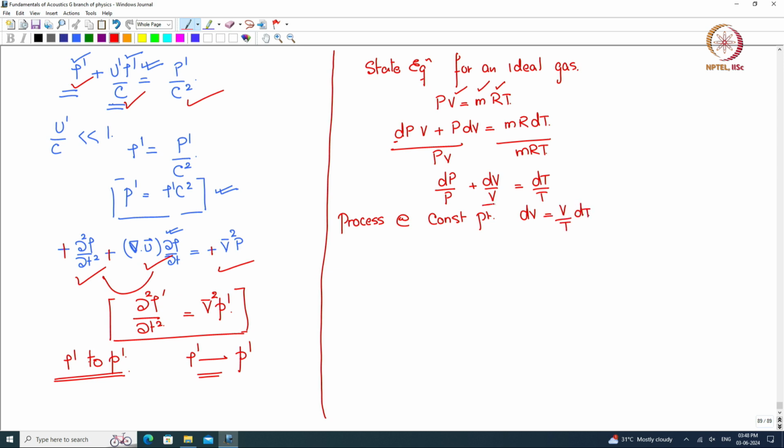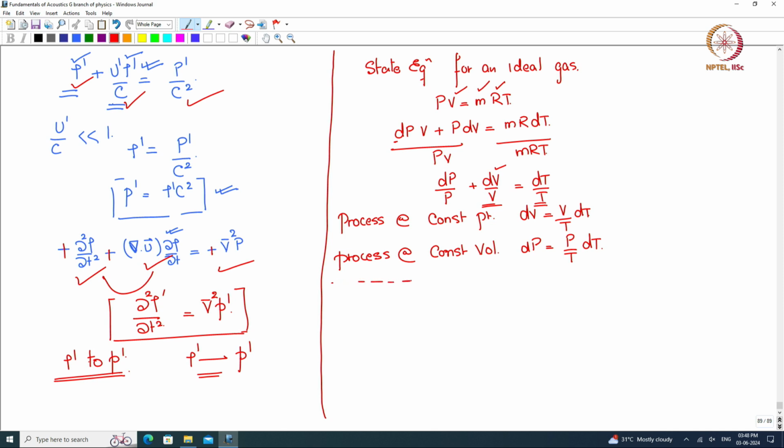I have just this term and that term. Whereas for a process at constant volume, meaning dV is 0, I get dP is equal to P by T dT.